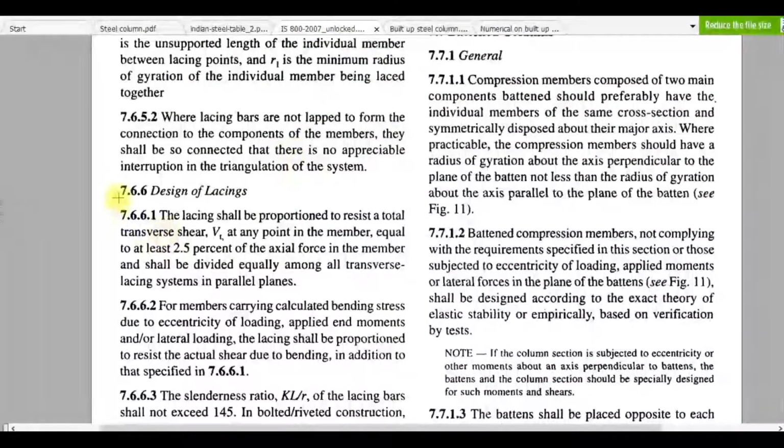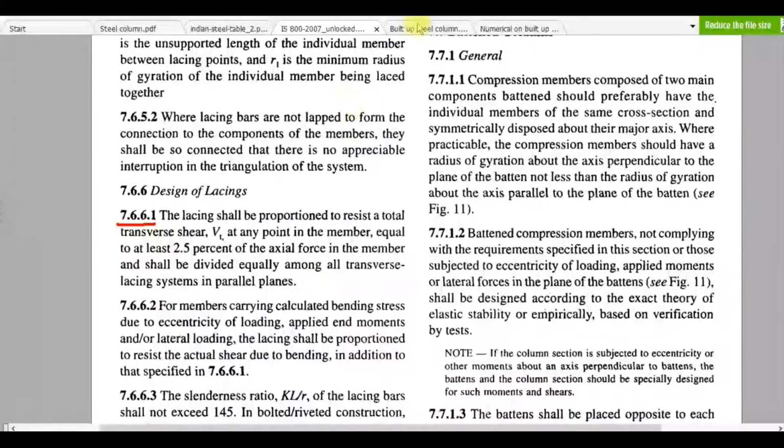Here you can read point number 7.6.6.1. The lacing shall be proportioned to resist a total transverse shear of Vt at any point in the member, equal to at least 2.5% of the axial force in the member, and shall be divided equally among all transverse lacing systems.